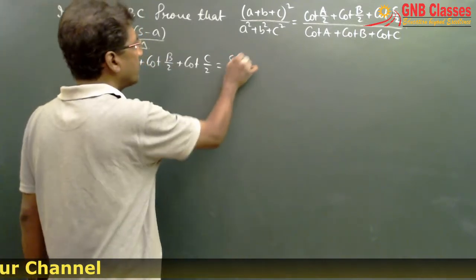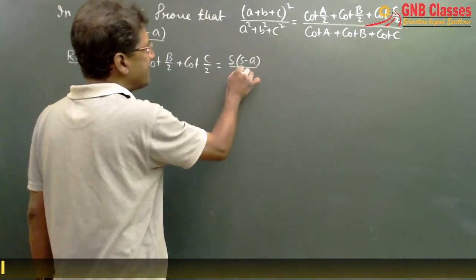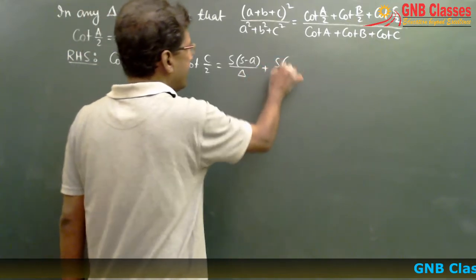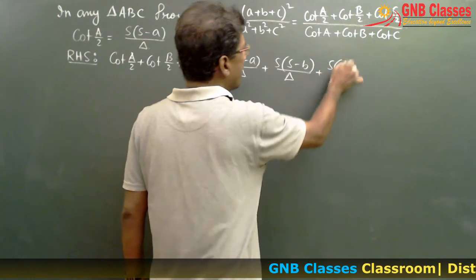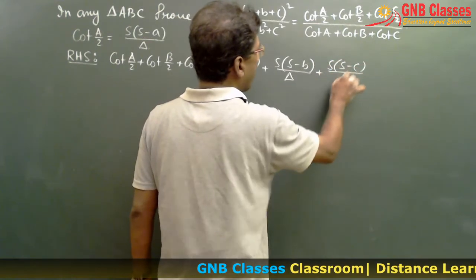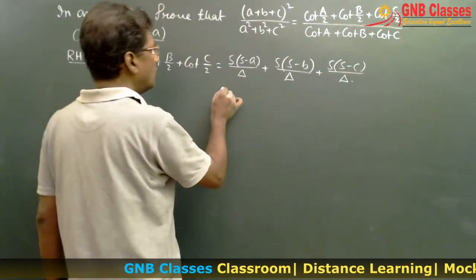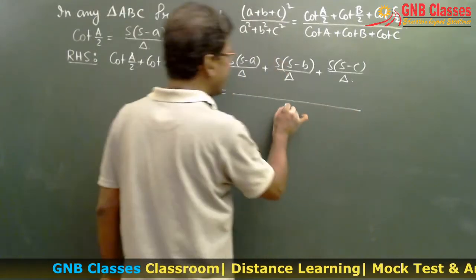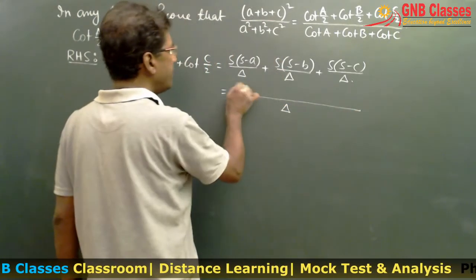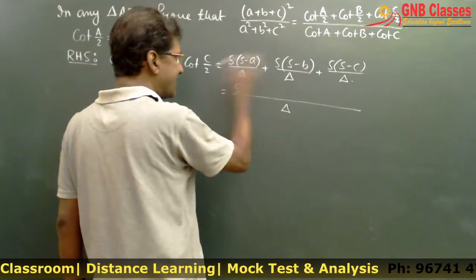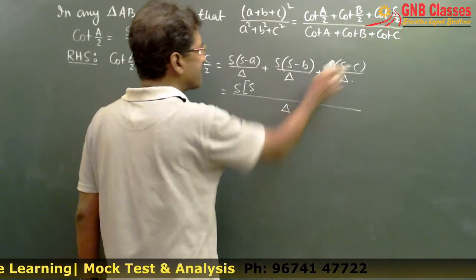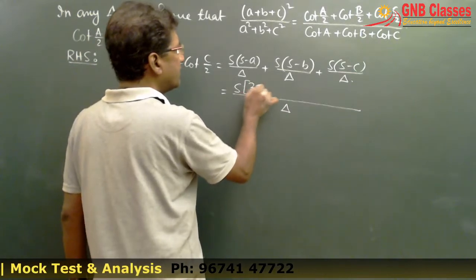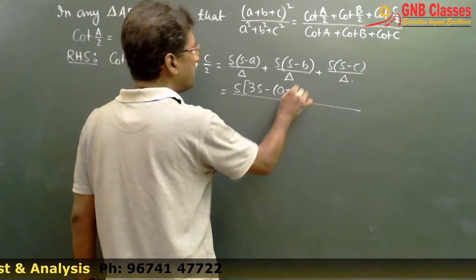We are getting s into s minus a by del, s into s minus b by del, and s into s minus c by del. So if we take del common, and s common also, we are getting s minus a plus s minus b plus s minus c, which yields 3s minus a plus b plus c.